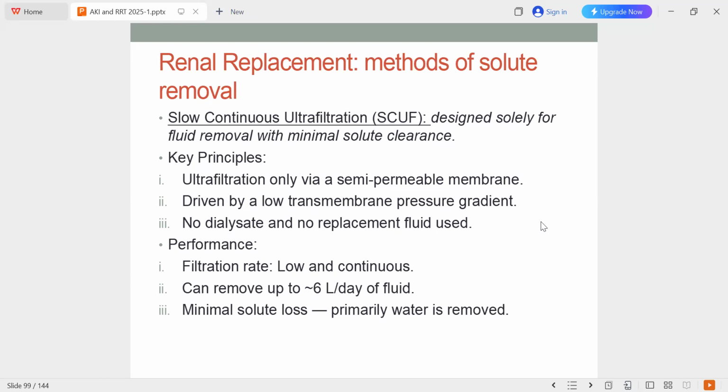There's no need of dialysate and no need of replacement fluid here. The filtration rate is low, but it's very continuous and can remove up to 6 liters per day of fluid. Remember that there's minimal solute loss, primarily water is removed, so this is useful especially for cases of pulmonary edema or cerebral edema where you need to just remove excess fluid.